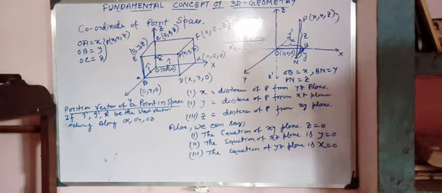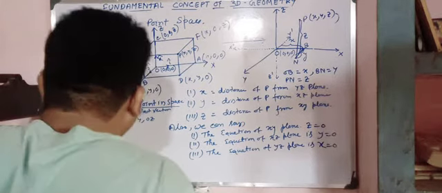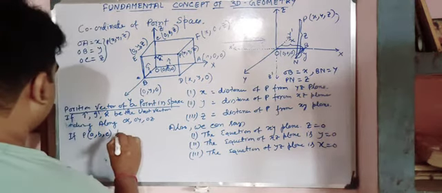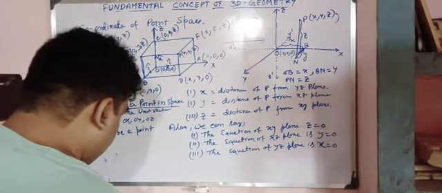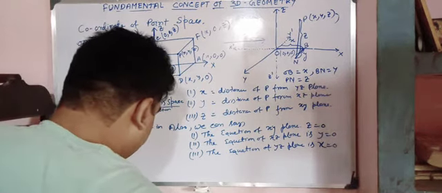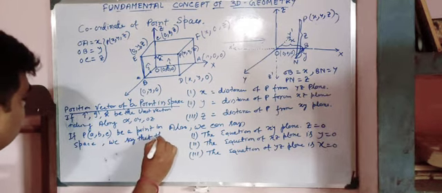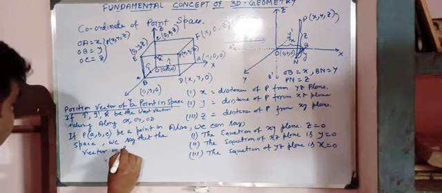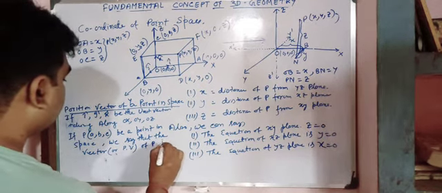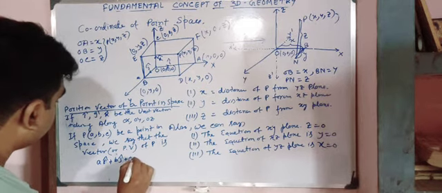Now if i, j, k be the unit vectors taken along OX, OY and OZ respectively, and if P(a, b, c) be a point in space, we say that the position vector of P is a i hat plus b j hat plus c k hat.